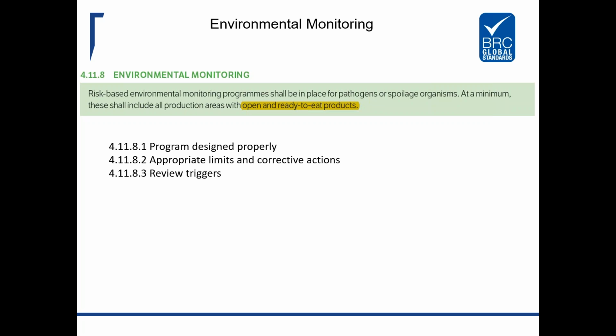And as a minimum, you must have one where you have open, ready-to-eat product. As I say, just because you don't have ready-to-eat doesn't mean cross it off the list. It's not that we never need an environmental monitoring program. That's not what the standard says. What it says is everyone that needs one will have one. Everyone that has ready-to-eat product will have one. But there are some occasions where non-ready-to-eat product may not require an environmental monitoring program.